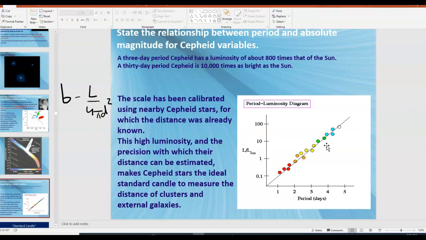It turns out it's actually a linear relationship. Well, actually, this is not really a linear relationship because the y-axis is a logarithmic scale. But basically, by measuring the period, we can measure the relative luminosity of a star and then use that to find the distance to the star.